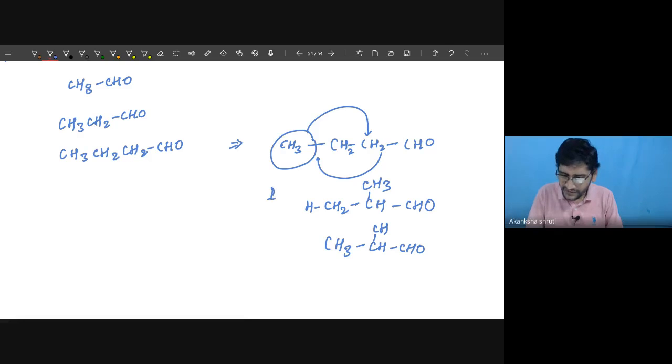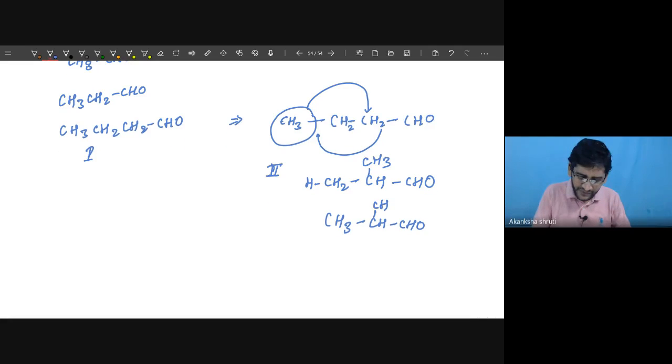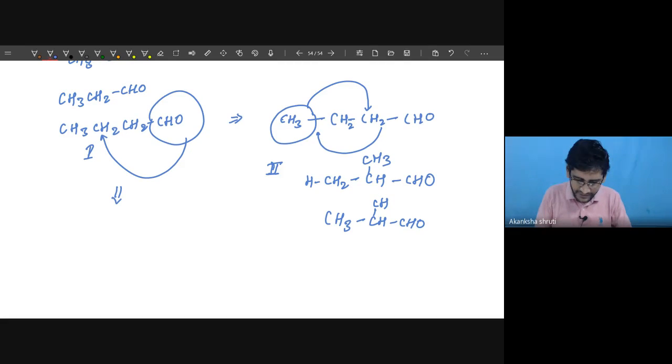Yes, it is possible. One structure is the simplest, straight one, and the other is this one. If one thinks of moving the functional group to this point, will he get the same structure or a different one? CH3 will be here, but CH and CHO will come here, and one of the hydrogens has to attach here.